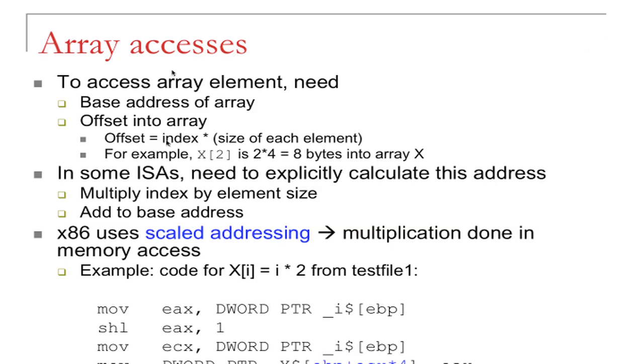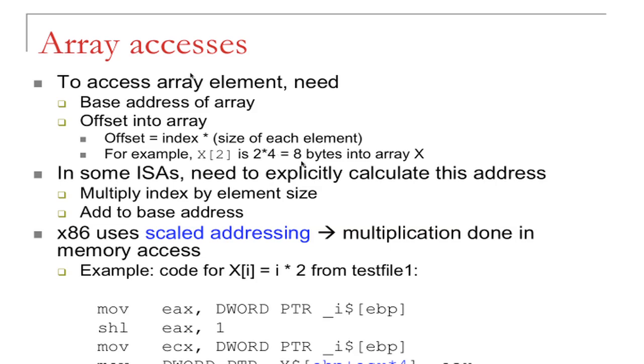So if we refer to the second element of array X, remember we're counting from 0, so the offset will be this index times 4, that is the size of each element. In our case, that's 4 bytes per element.